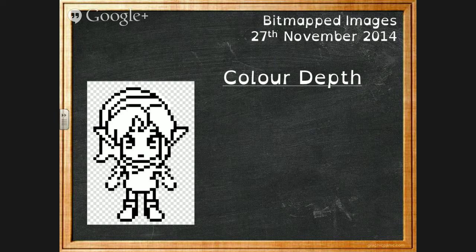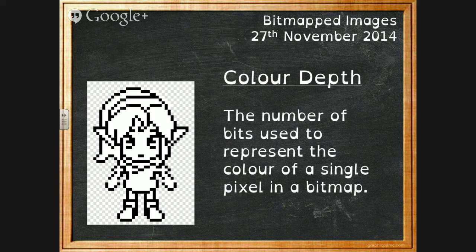Now here, if we look at this one, color depth, we're saying it's the number of bits used to represent the color of a single pixel. You are still allowed to look a bit cross-eyed at this point because we haven't actually explained what that means. So the color depth is the number of bits for each one of these pixels.